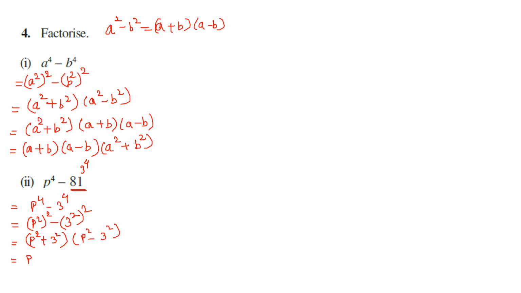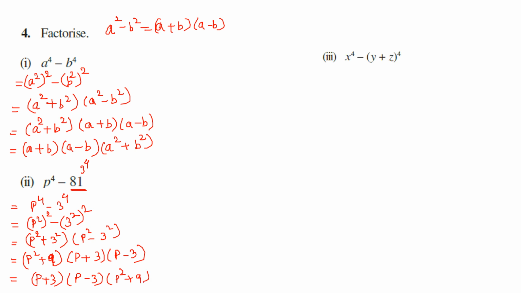Now p square plus 9, and the second term p square minus 3 square, again I have to use the identity a square minus b square. So it will give me p plus 3 into p minus 3. So this is your answer. If you want, you can rearrange it. You can write it as p plus 3 into p minus 3 into p square plus 9.